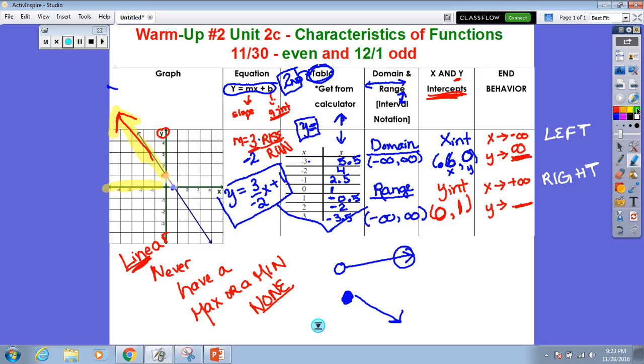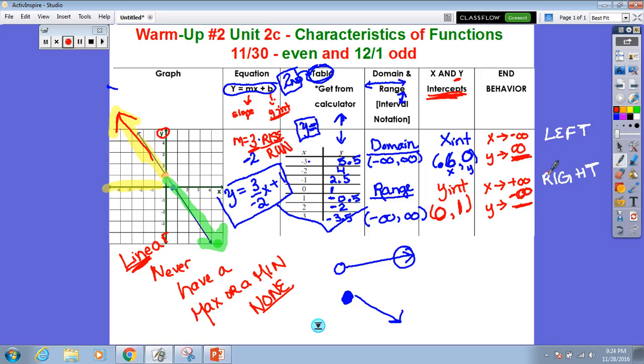So what is happening if we start at 0 and we trace the blue line? Where is my line going? Down. Since my line is going down, that means the y values will go to negative infinity.